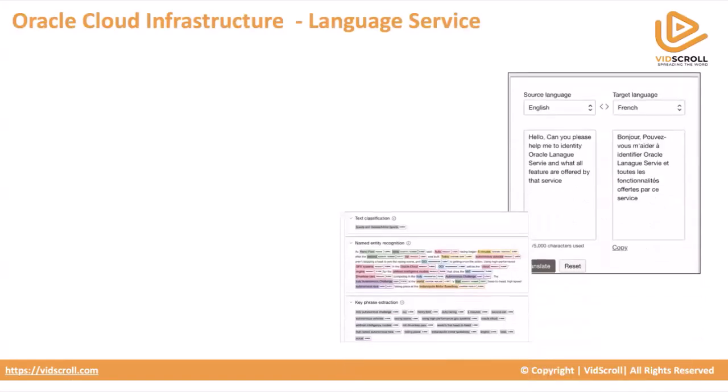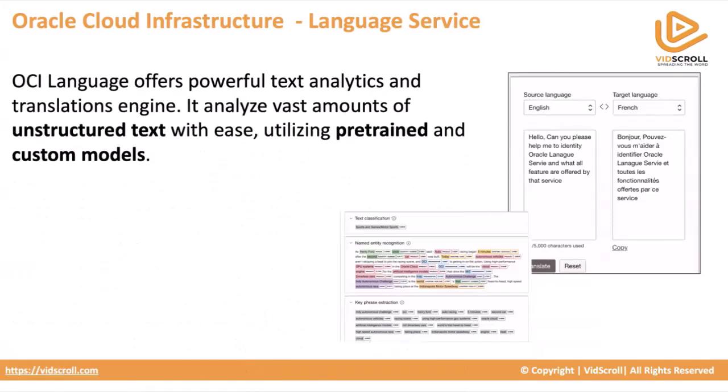As the name suggests, language. You can provide text in any language, and the language service can help you analyze the text you provide with a powerful translation engine which is built natively in OCI. An engineer doesn't need to know how it works.